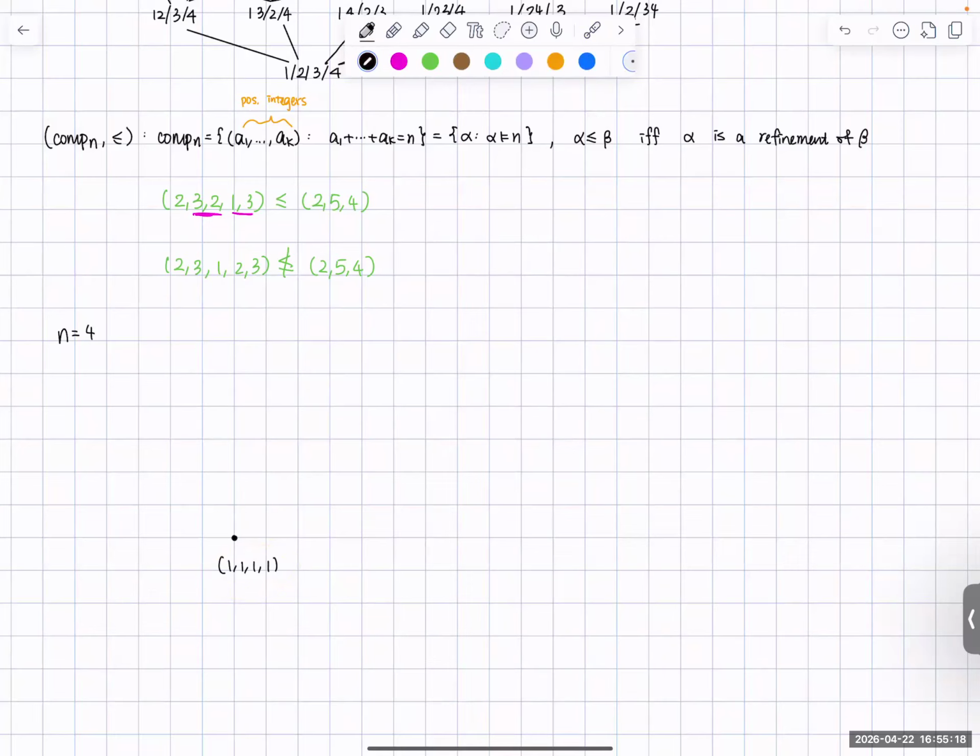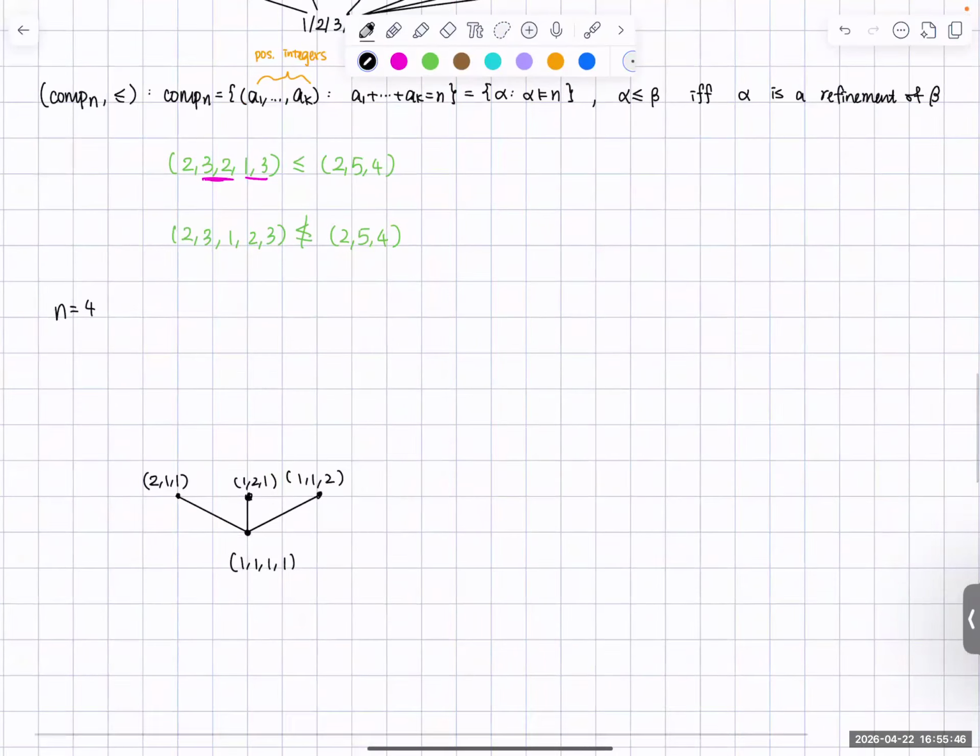Well, it's a refinement of everyone, but directly below, it would be 2, 1, 1, and then 1, 2, 1, and then 1, 1, 2. So that's a refinement. Let me draw it here so that it's more symmetric. And then afterwards you can further refine. So you can do a 3, 1, and then a 2, 2, and a 1, 3.